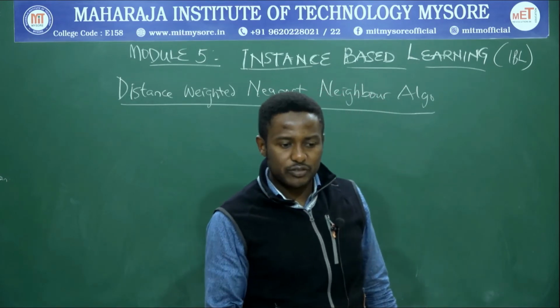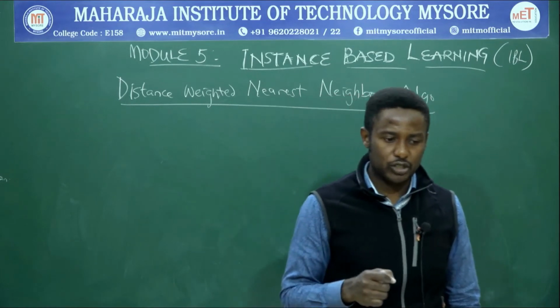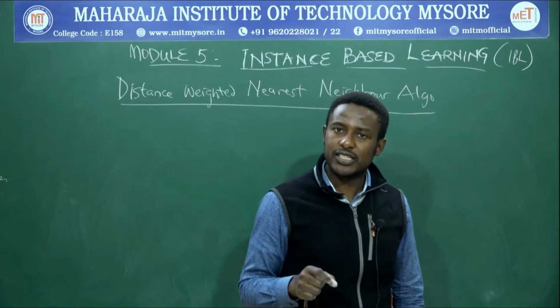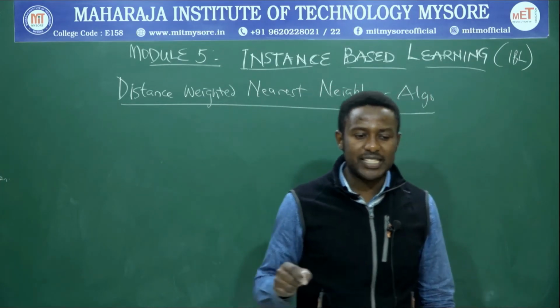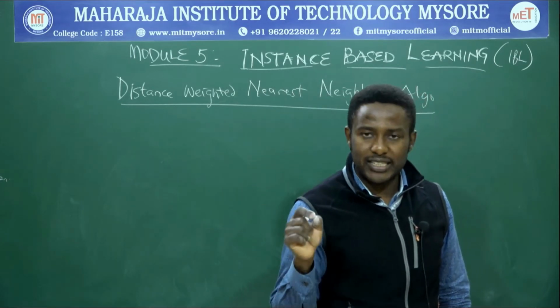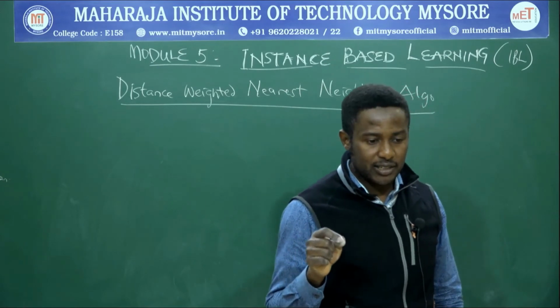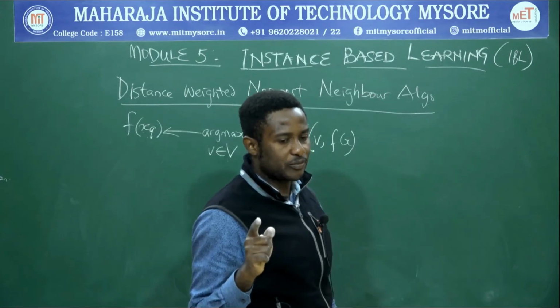So for instance, if you remember the algorithm which approximates the discrete value target functions, each neighbor was weighted according to the inverse square of its distance from that point. And this can be accomplished by replacing the final line of that algorithm. We will write the same algorithm again and replace it. We said inverse square, that was all we saw, right?